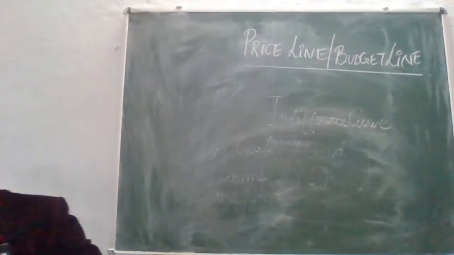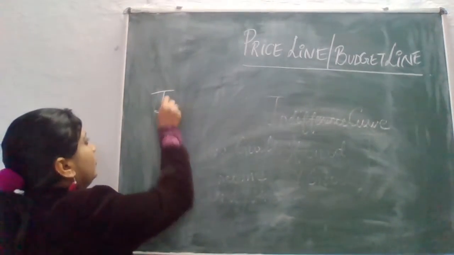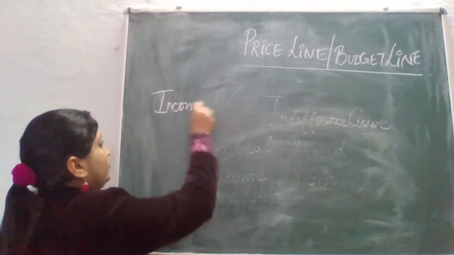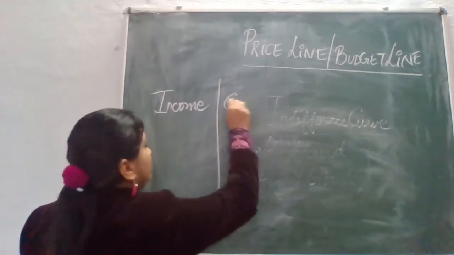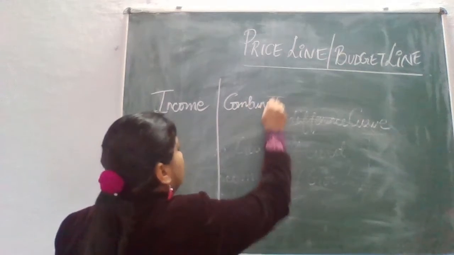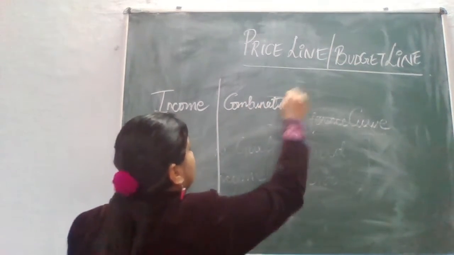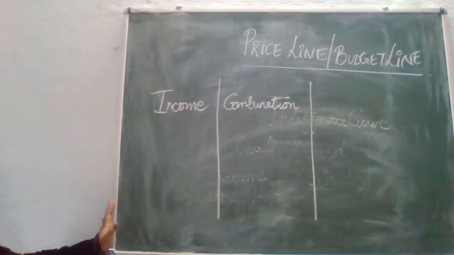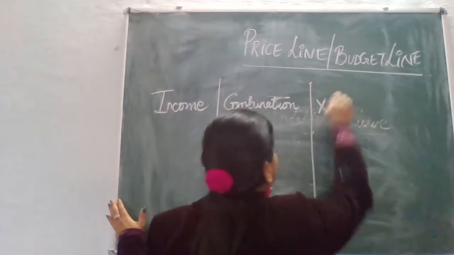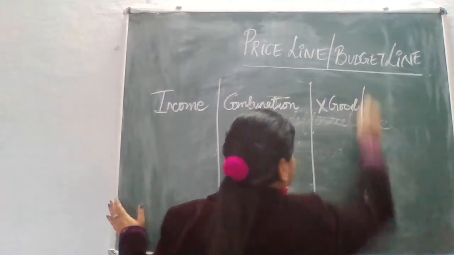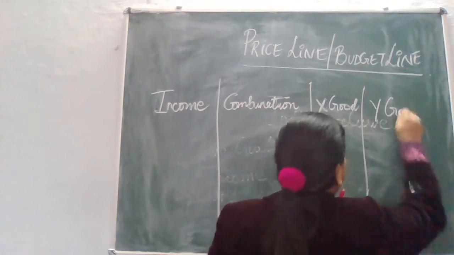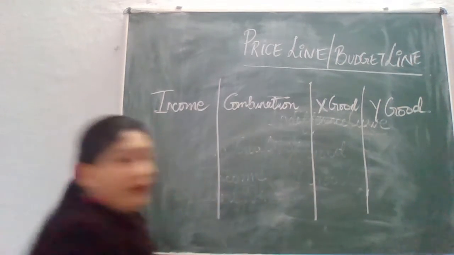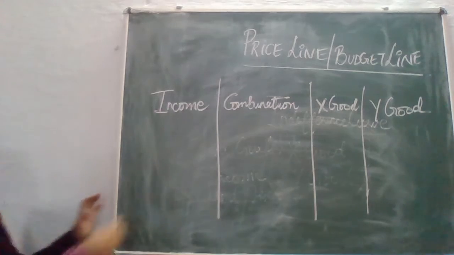If we look at the table, suppose income is given to us, then next is combination, then X good and Y good.